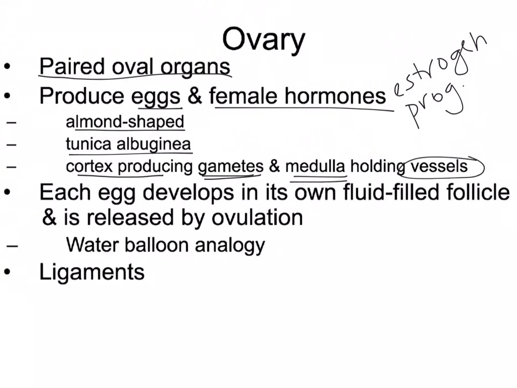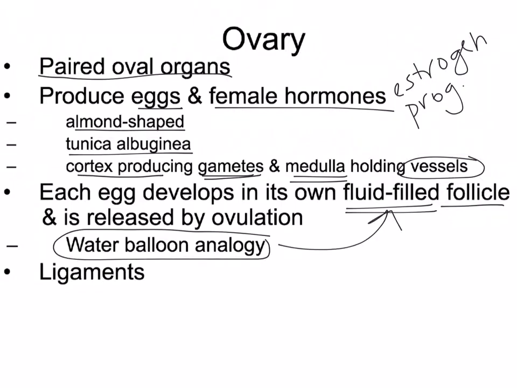Each egg develops in a follicle, and the follicles are filled with fluid. Sometimes they call the fluid liquor. It's kind of like a water balloon. The egg is released when the balloon busts. There are numerous ligaments that hold the ovaries in place and anchor them to the uterus.